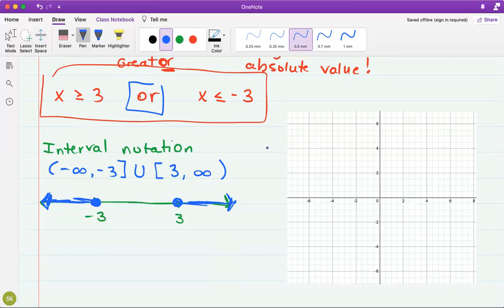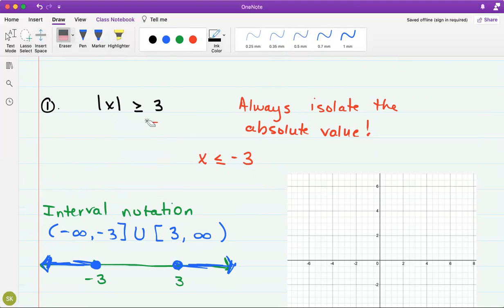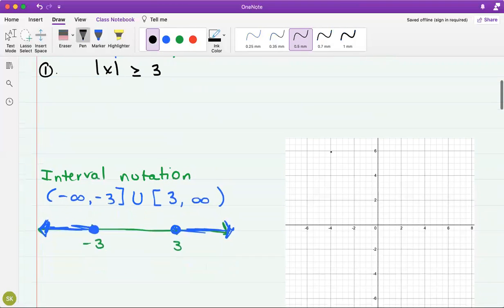Now I want to graph this to give you another way to visualize this. This is going to be similar to what I did before when we had equal signs, so the last video I made. I'm going to think of this as a function. This is f of x, and think of this function as g of x. Let's graph this function. Now this is a parent function that we learned.